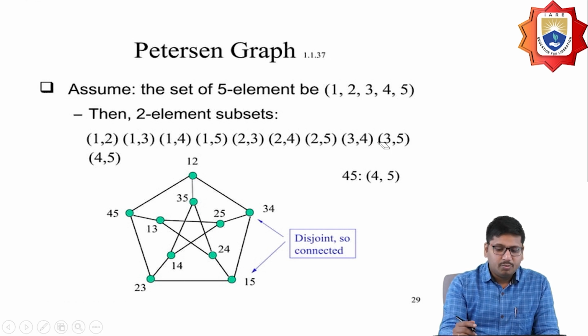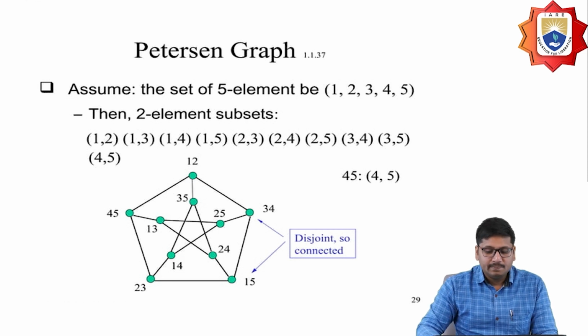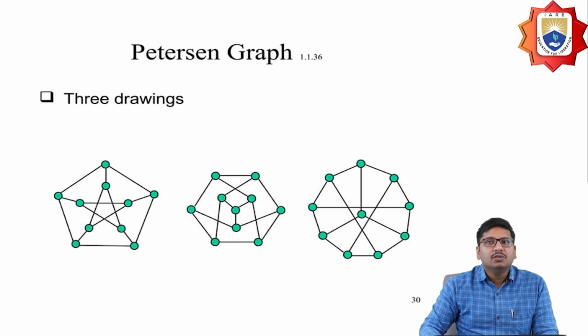Then I can represent 1 2 as one vertex and 1 3 as another vertex, 1 4, 1 5 like this, and that should be connected with 2 3, 2 4, 2 5. So these are some of the other drawings of the Petersen graph.